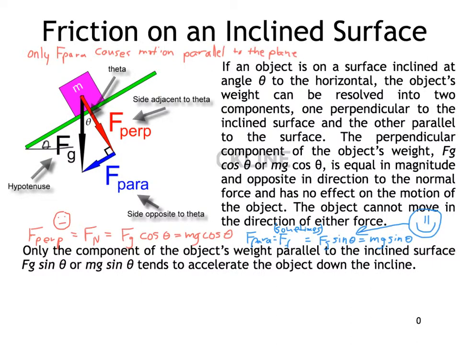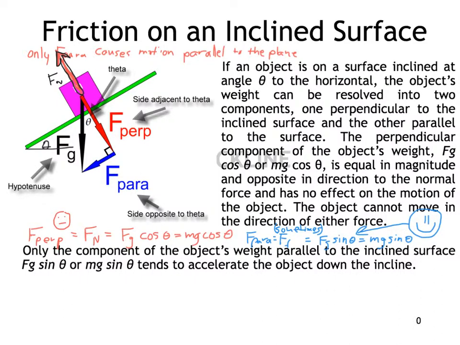F perp will always be equal in size, but opposite in direction to Fn, the normal force. Since they are equal in magnitude but opposite in direction, they'll cancel each other, and that basically means the box, mass m, has no ability to move either through the plane or above the plane, so there's no motion there.